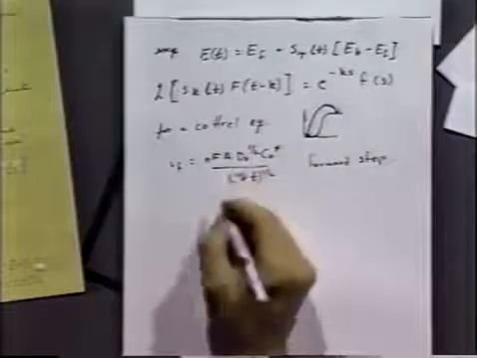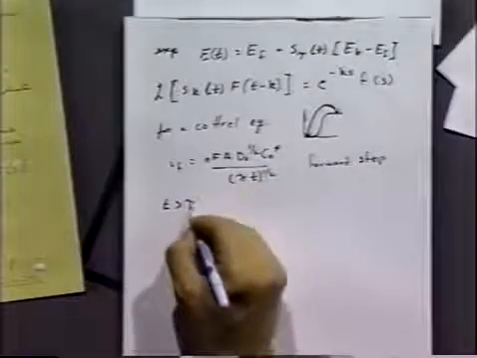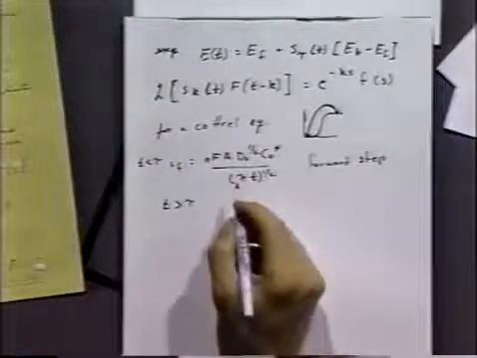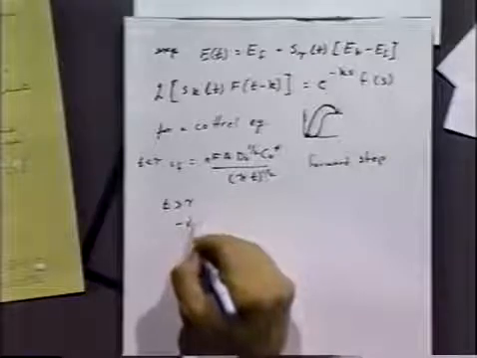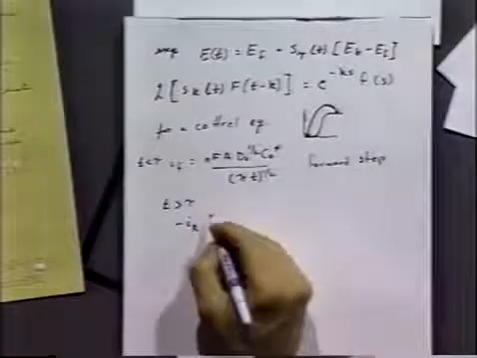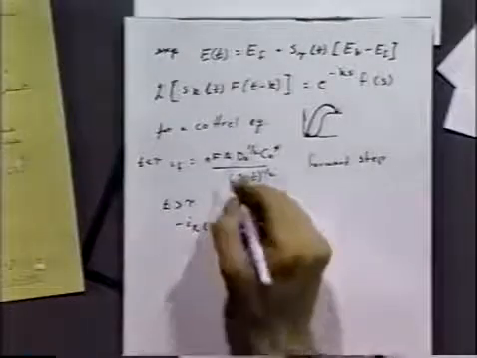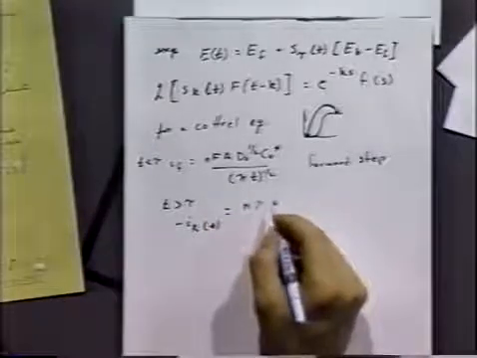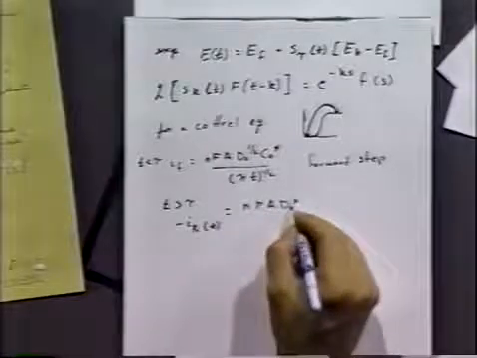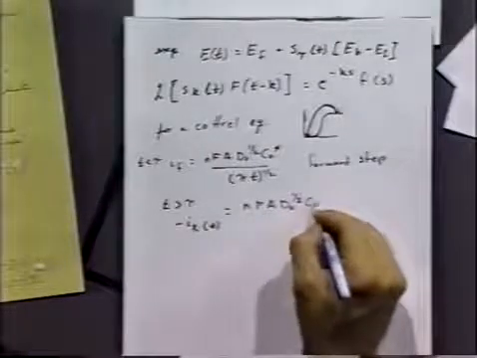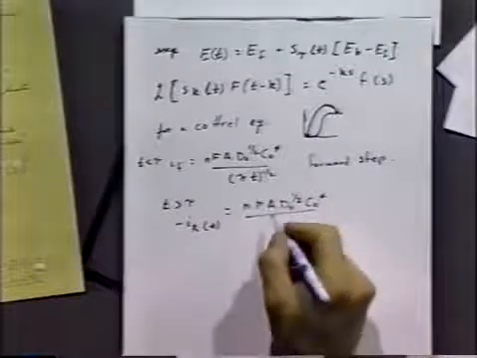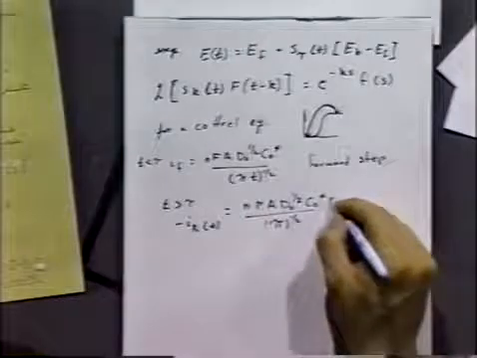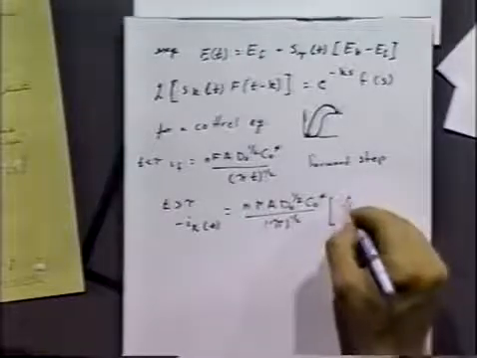On the reverse step, for t greater than tau, we get minus I_R as a function of t is equal to nFA D_O to the 1/2, so far it looks like the Cottrell equation, pi to the 1/2. And then this bracketed term, which includes the time dependence.